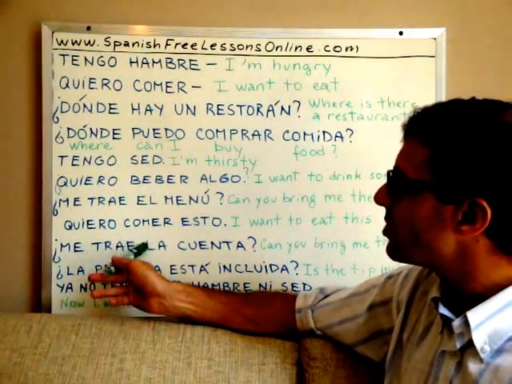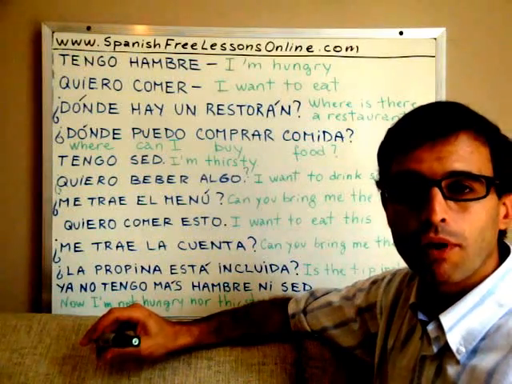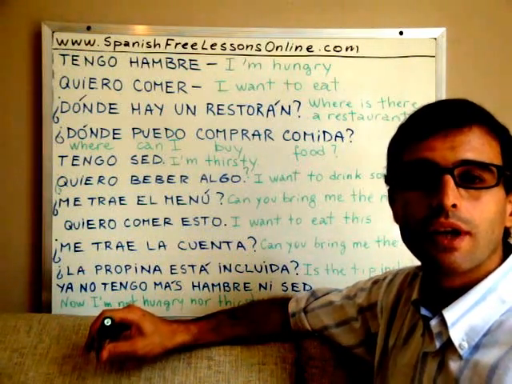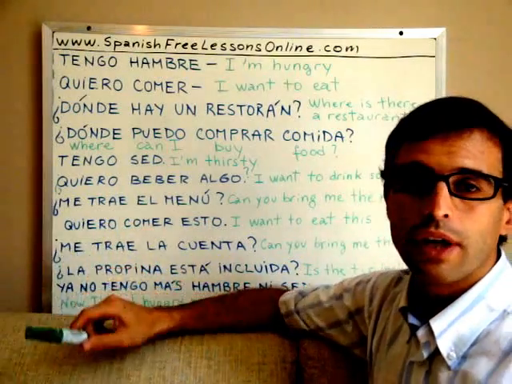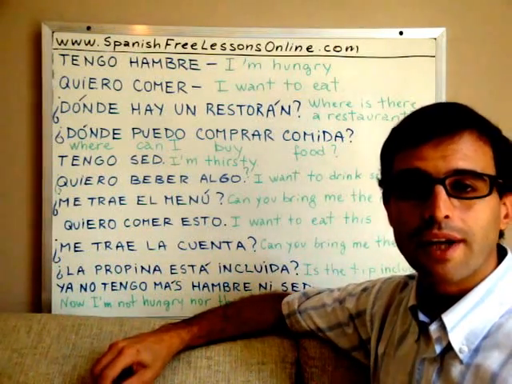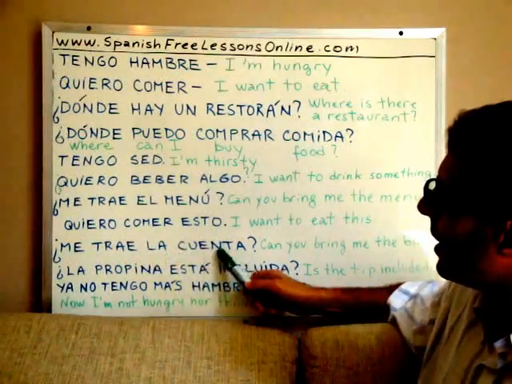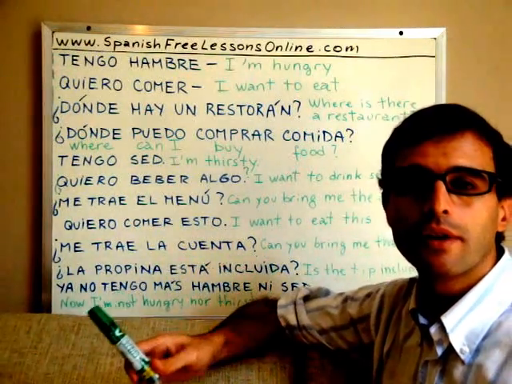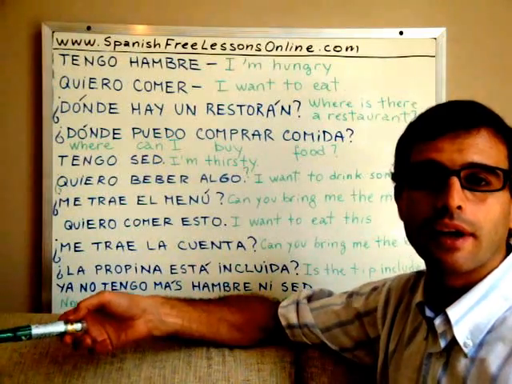And the conjugation for usted, which would be also the second person of the singular, formal, it conjugates like the third person of the singular, like he or like she. So, me trae la cuenta is how we would address the waiter in a restaurant.